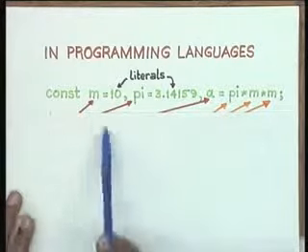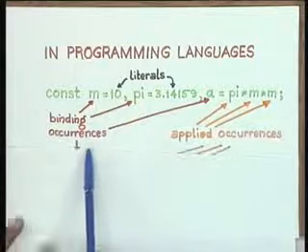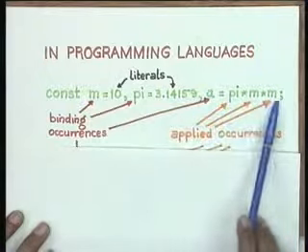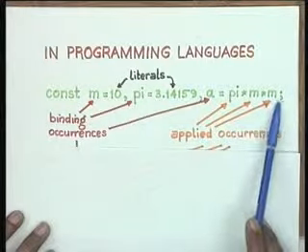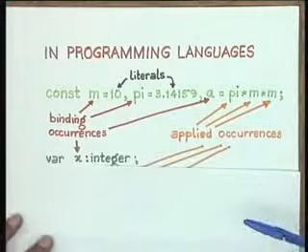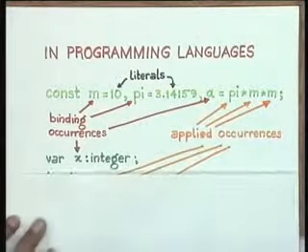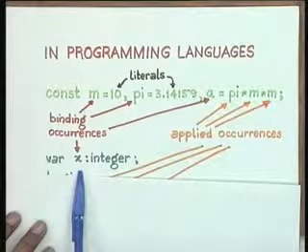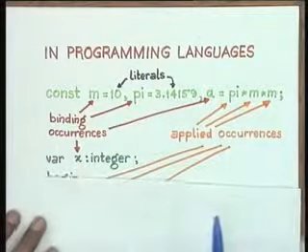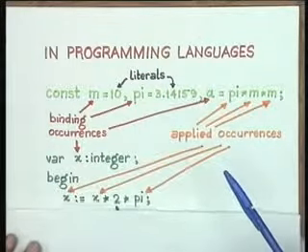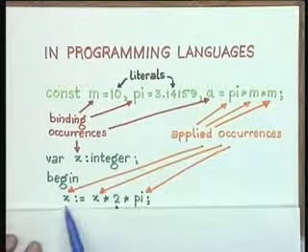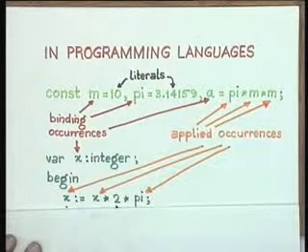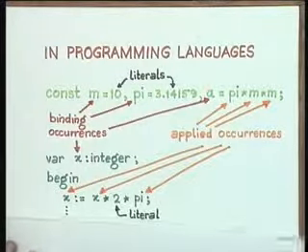In each of these cases, the first introduction is a binding occurrence, and all later uses of those names are applied occurrences. In the case of a variable declaration, you have a binding occurrence when the variable is first introduced, and everywhere that variable is used, you have applied occurrences, including on the left side of the assignment. All these are applied occurrences.